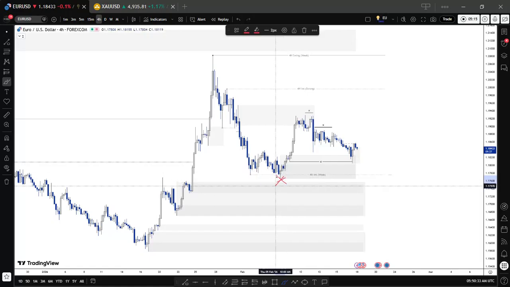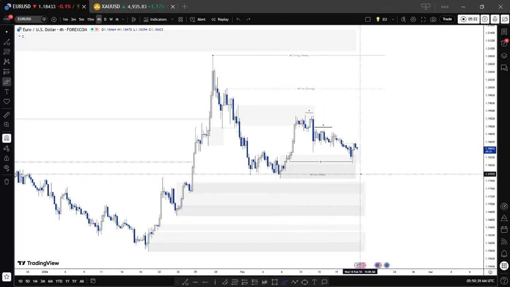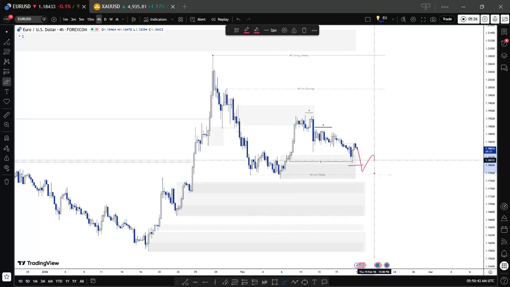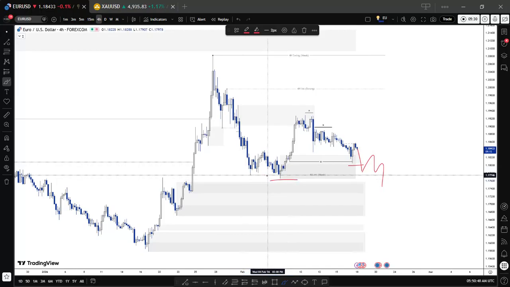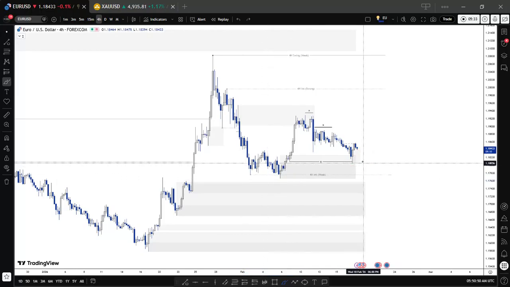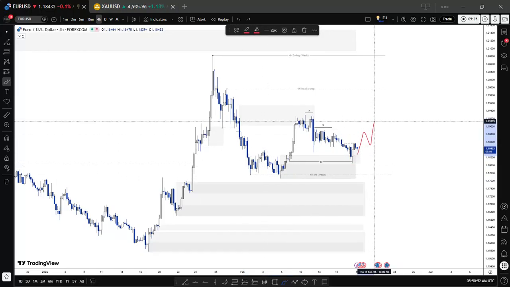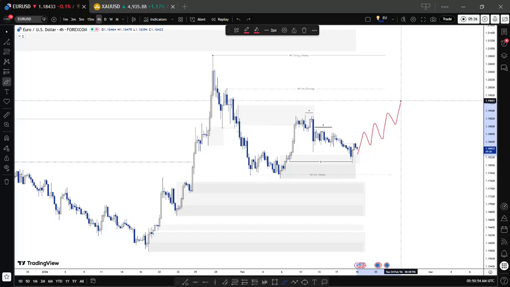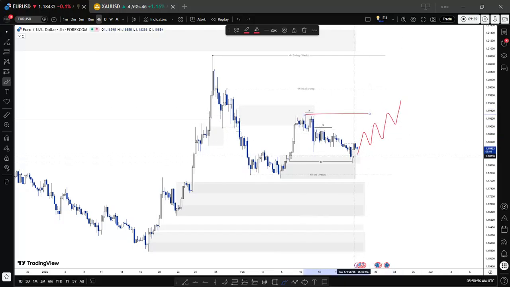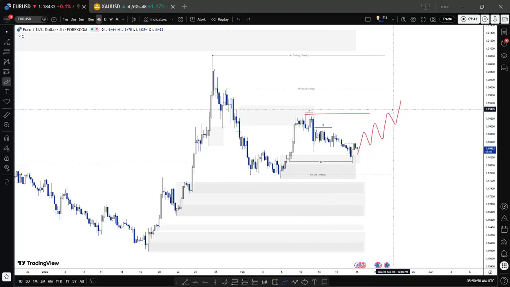It's like LC2A forming on the daily time frame. So if we see price break below this low, then I'll be happy to follow the order flow to the weak internal low. But for today, I'm happy to follow this order flow that is likely forming to the weak high. This is the move that I want to catch.